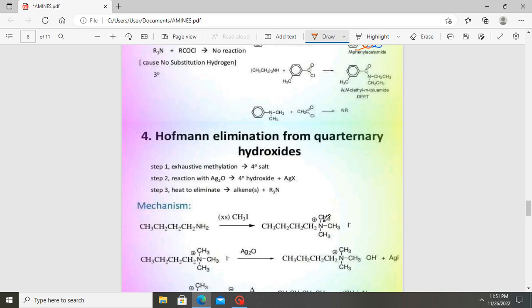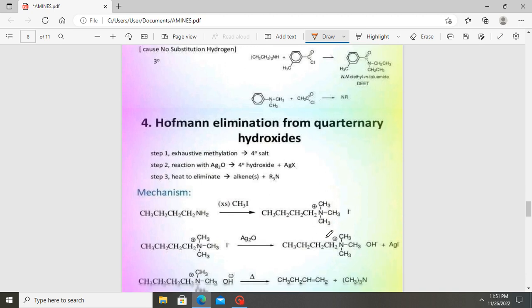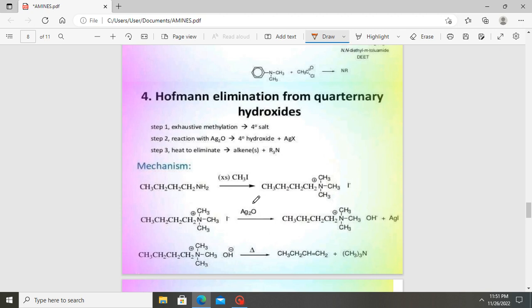This compound, upon treatment with silver oxide, can produce an alkene and a tertiary amine. So the first step is the exhaustive methylation reaction with an alkyl halide, then treatment with silver oxide, then heat to eliminate the alkene. Let's look at how amines are generated from Hofmann's elimination reaction.